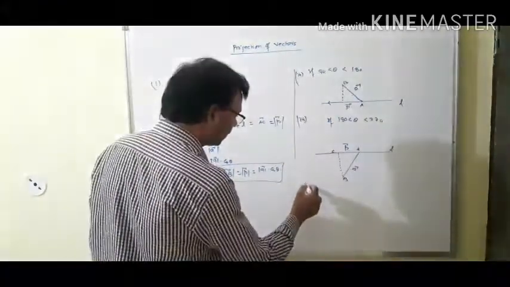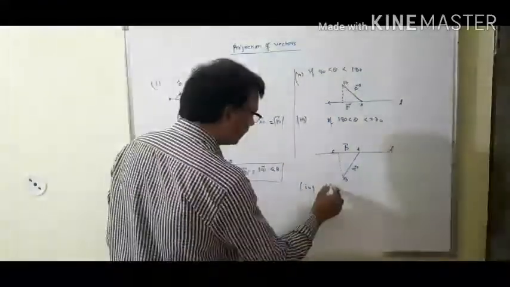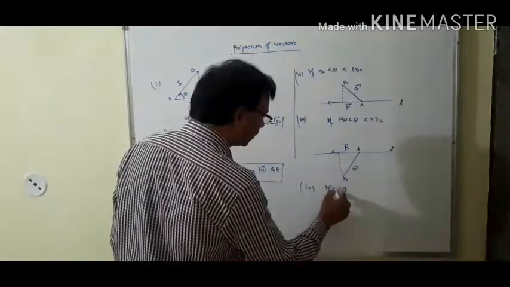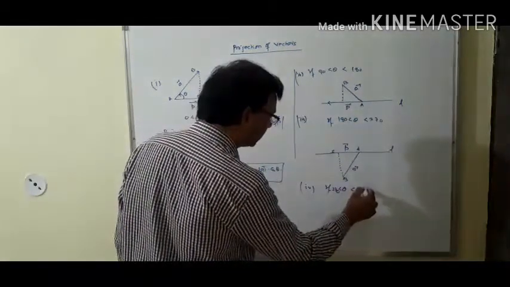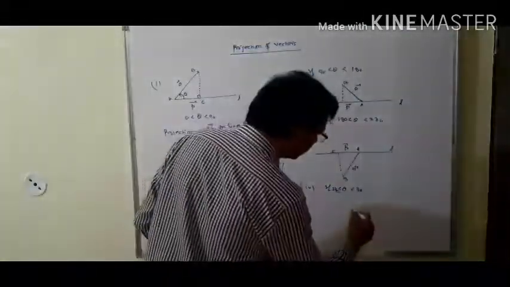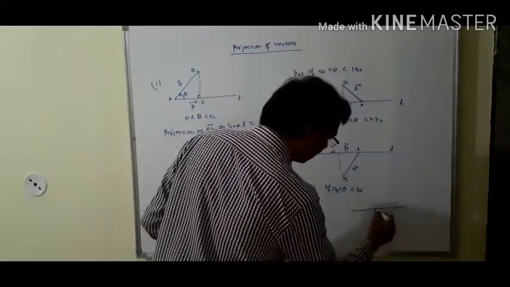And in the fourth situation, if theta is greater than 270 but less than 360, then this will be like this.